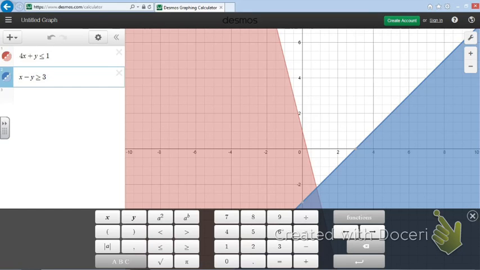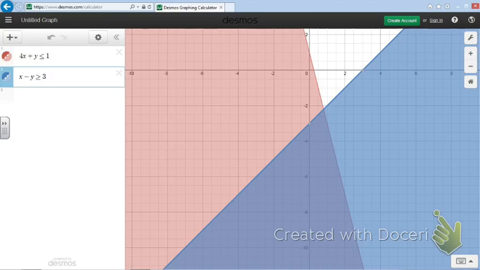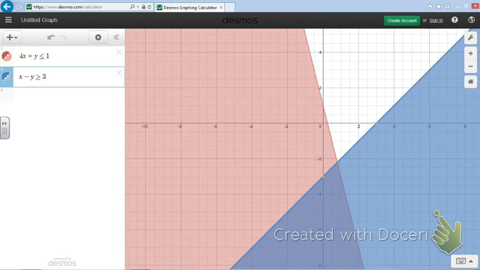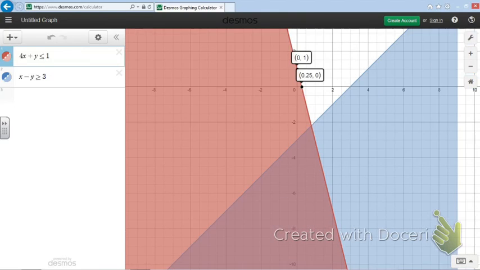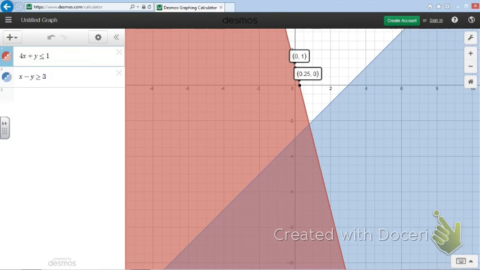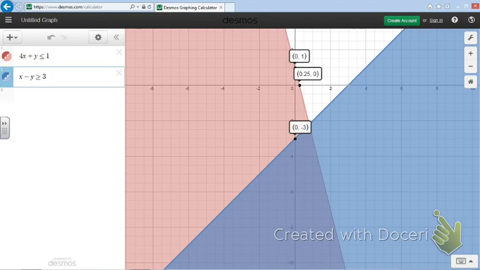Okay, so I went ahead and graphed them on Desmos for you, and you can see what the graphs are going to look like. And what I would do is I would plot the first one and show where it has major points. It intercepts the y-axis at 1 and the x-axis at 0.25. And then I would look at the second equation, and see its x and y intercepts and graph that.